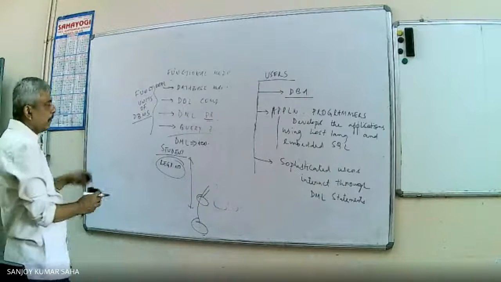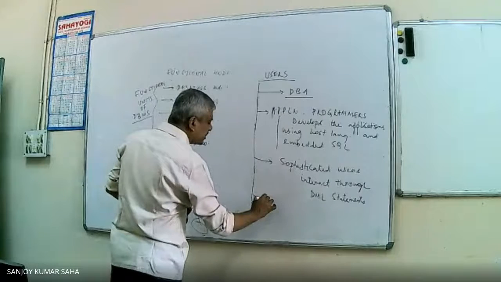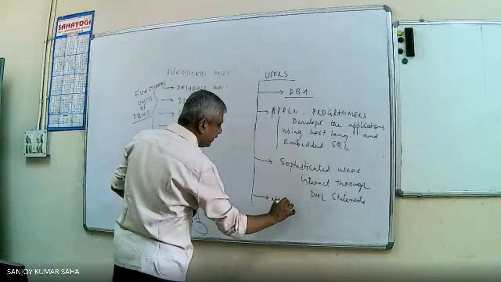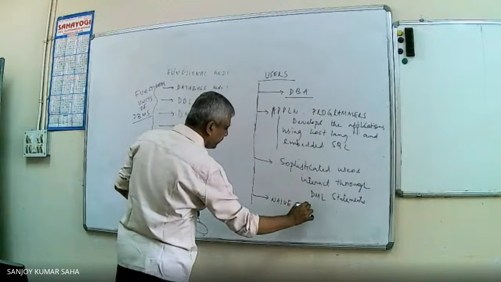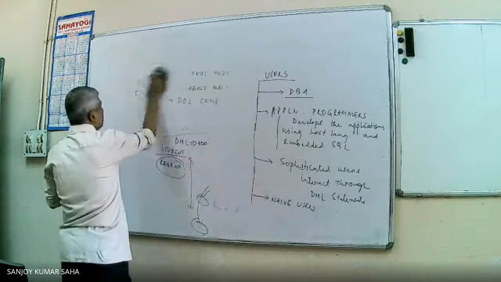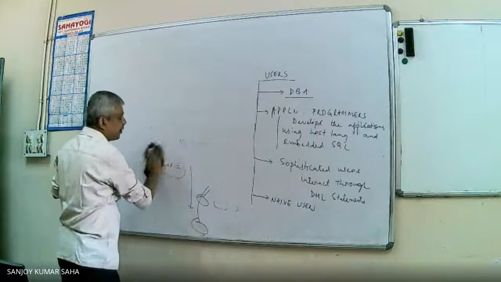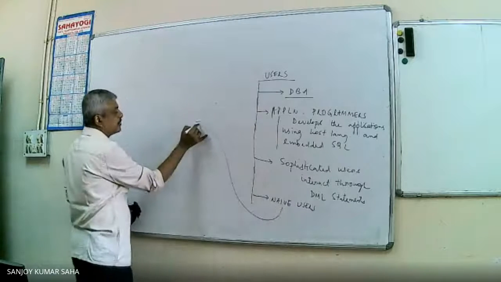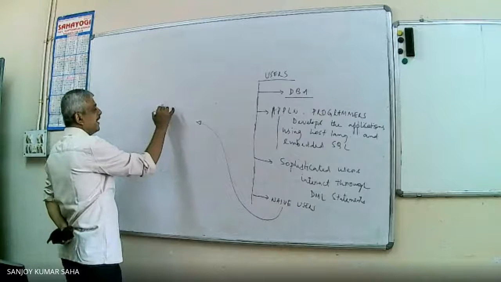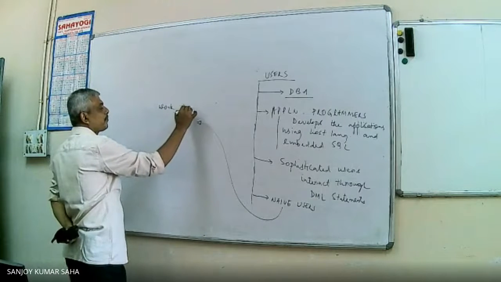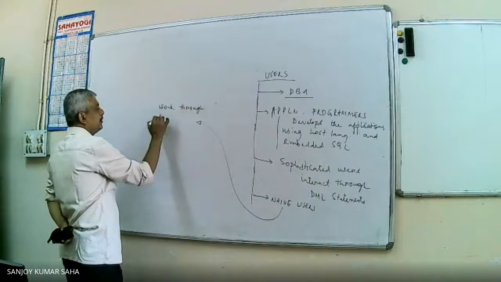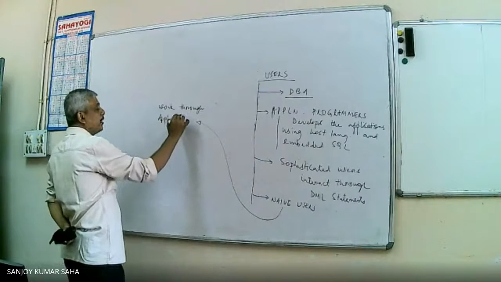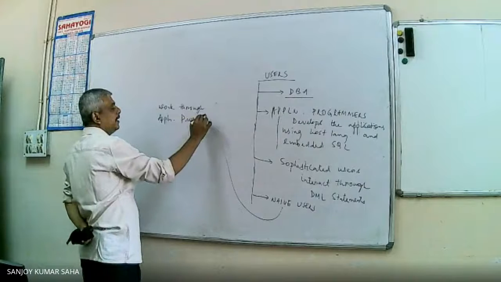Now, at the lowest level, there are native users. They are not aware of those DBMS statements and high-level languages. Basically, the application programs that have been developed, they work through the application program interface.